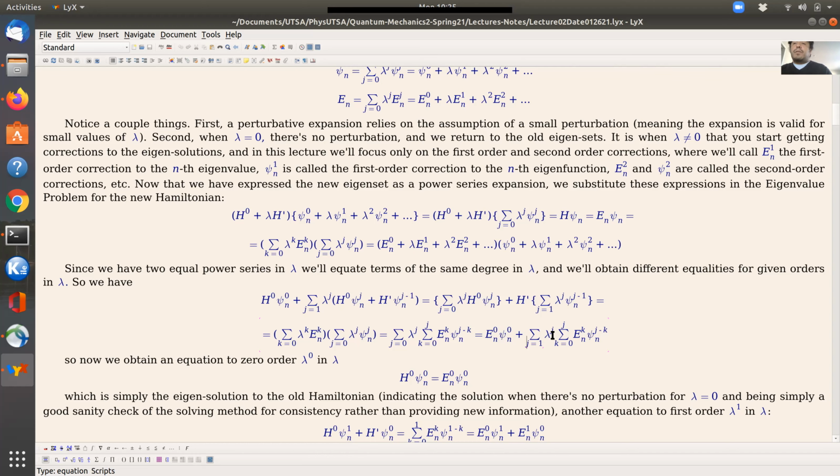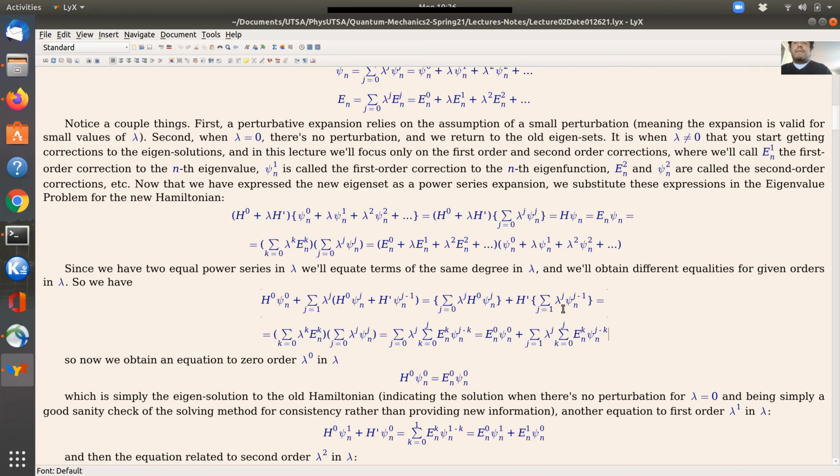Then for each order in lambda, so you have powers of lambda, lambda 1, lambda 2, etc., this is the factor. So you have the sum over k of E k n psi j minus k n. You will see when we do the concrete cases for j equal 1 and j equal 2 that they look like what you would do with a polynomial multiplication. In this case, it's a series.